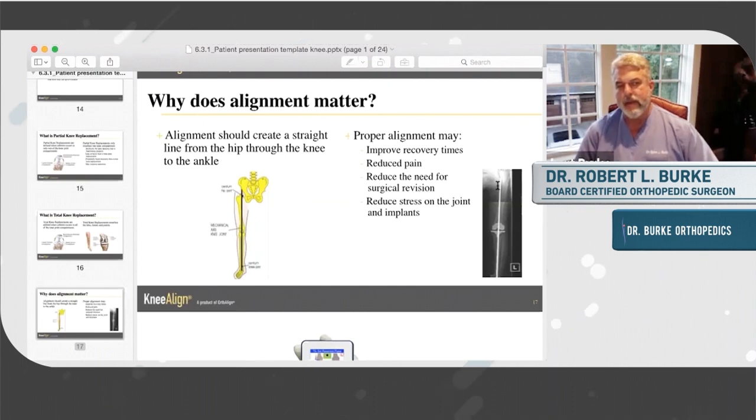If it does that, then the knee is properly aligned, meaning that that joint will wear properly, will not have excessive wear, either on the inside of the knee joint or the outside of the knee joint, which can produce premature loosening due to overload of the prosthesis or potential failure of the polyethylene.